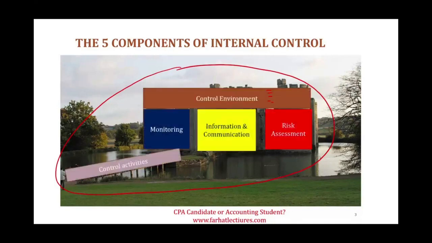Those 5 components put together, properly utilized, properly implemented and maintained, can protect you from misstatements, or minimize them, or you try to eliminate them, but you're going to see there are always weaknesses in internal control. Notice the weaknesses here. This area is not protected. There are always weaknesses, but we'll do our best in preventing misstatements, avoiding errors and fraud, and protecting our assets from theft and misappropriation.